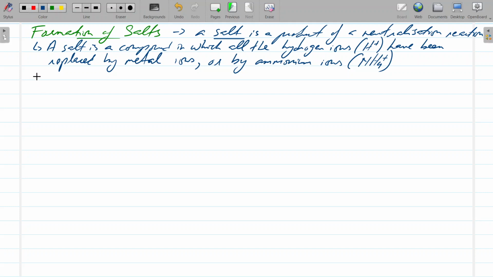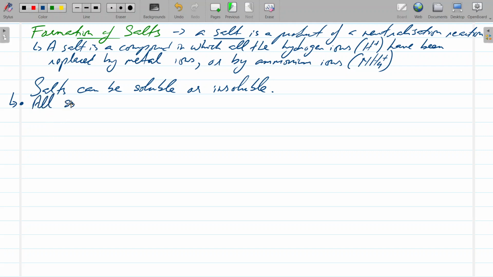Now, salts are classified by whether they're soluble or not. They can be soluble, so they dissolve in water, or insoluble, so they won't dissolve in water. Generally for salts, this is how the solubility works.